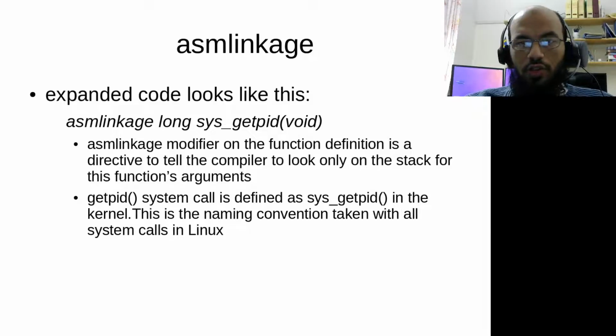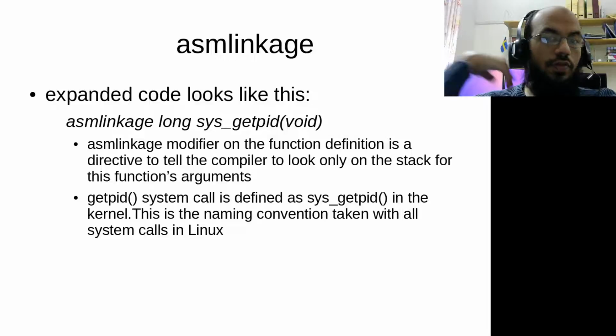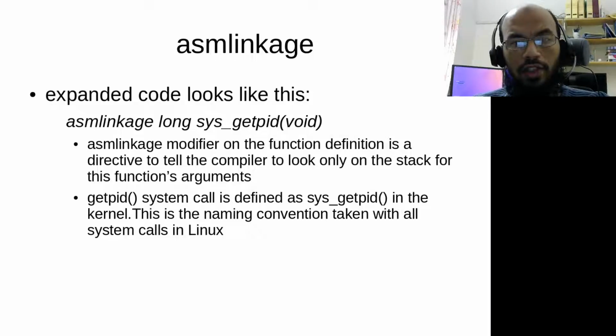So now that we have looked at the macro to define one of the syscalls, you actually also need to expand the code definition in another file that we're going to talk about later, as follows. You have to define your syscall using asmlinkage, which is the modifier, and then long, which is your return type.